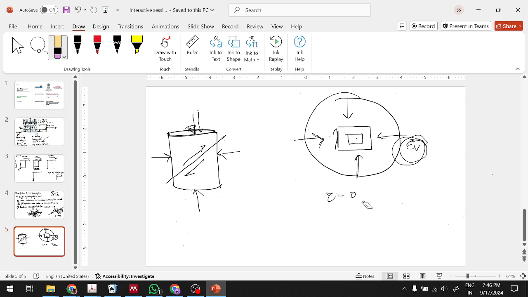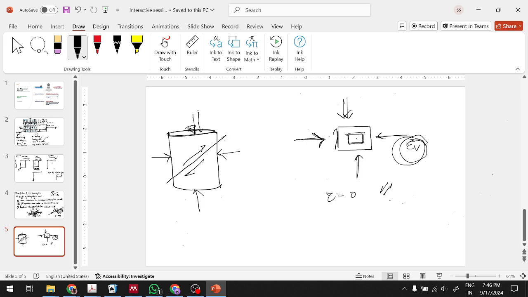Do you understand what I'm saying? See, you understand? For shear to take place, there should be an imbalance of forces. And when these are perfectly balanced on all sides, how can there be an imbalance?